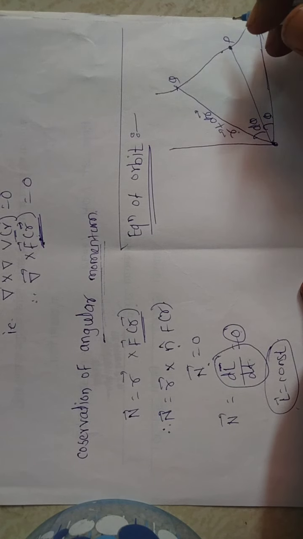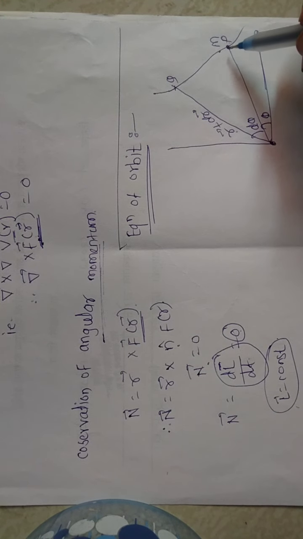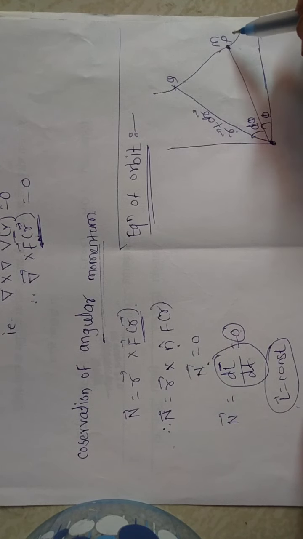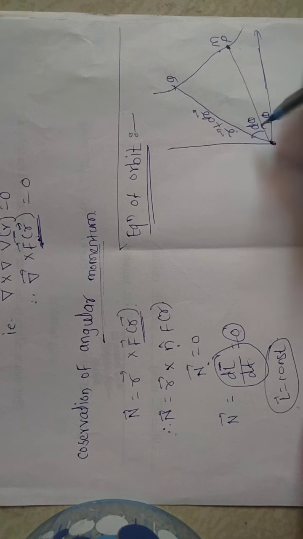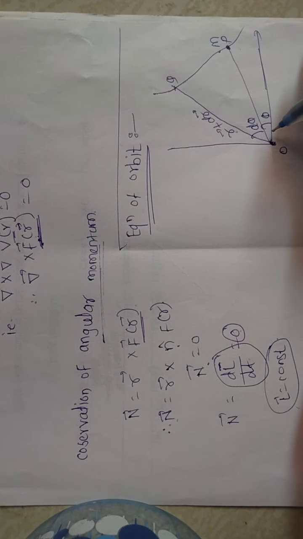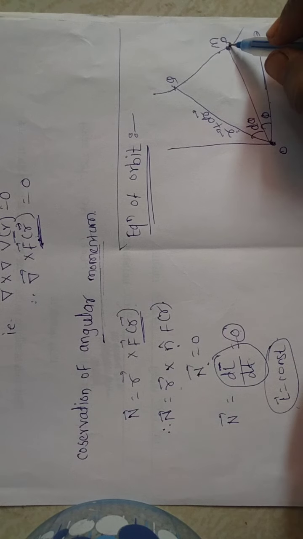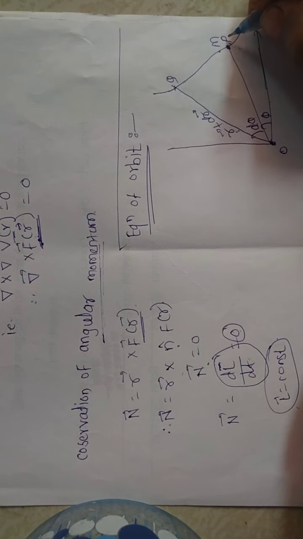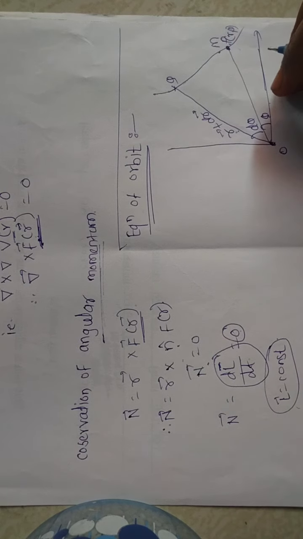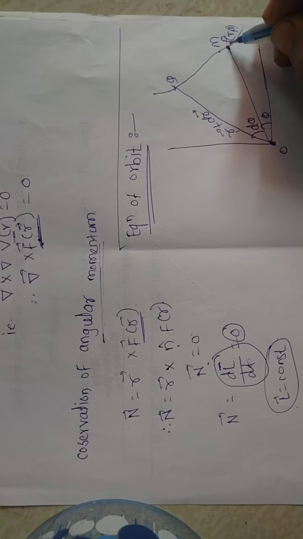Let us consider the motion of the particle in the xy plane with origin O. Let r and theta be the polar coordinates at the point P, where the particle of mass m is situated.